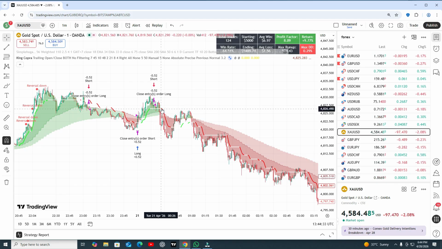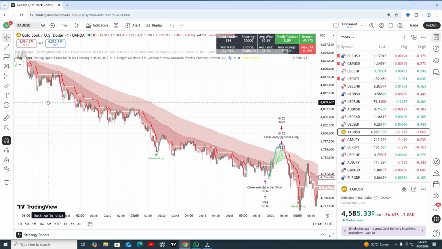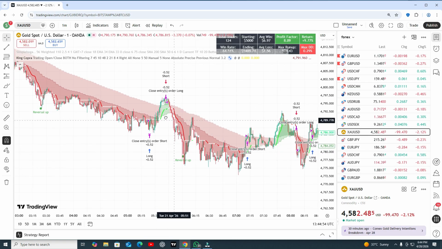Sell position, red line forms, open your sell position and close the trade where the reversal signal is. You can close your trade at this point, or at this point. Buy trade, the buy signal, scalping, very small profit, and the sell signal is really awesome.